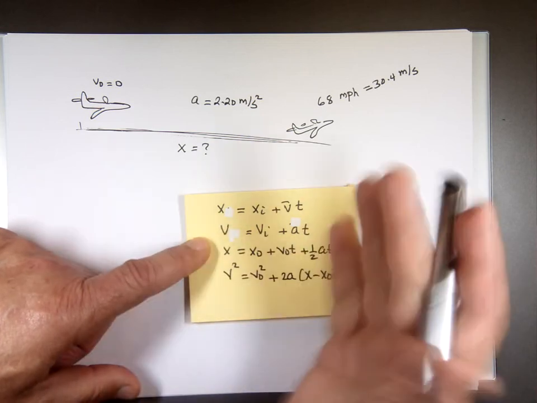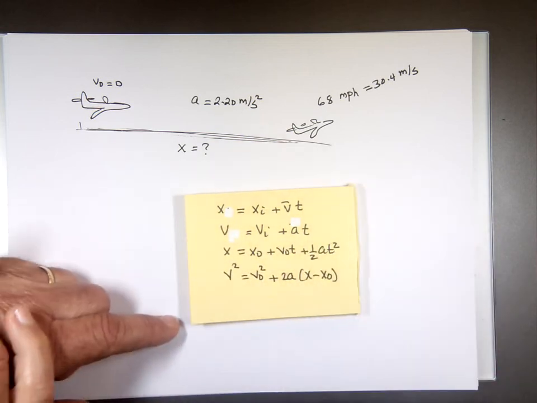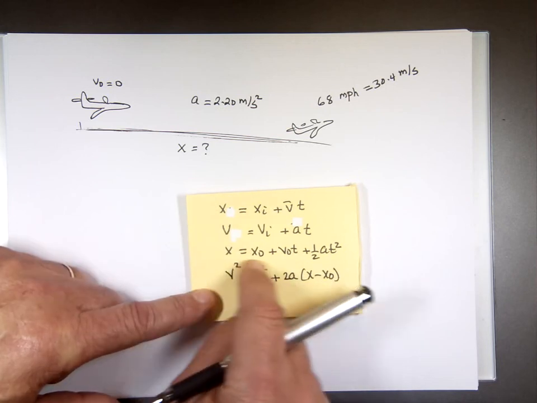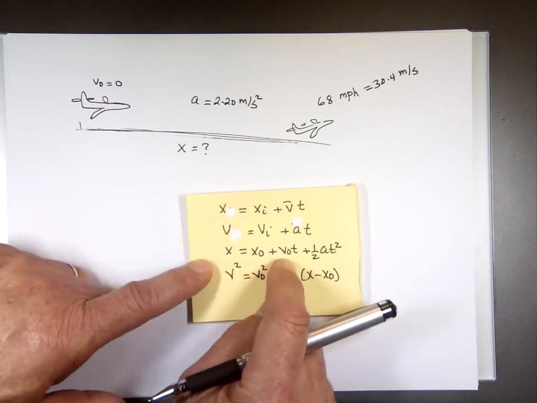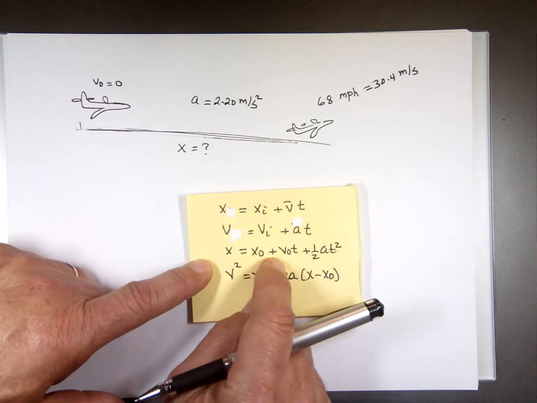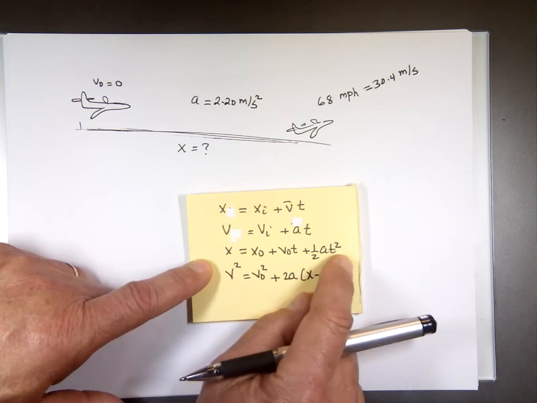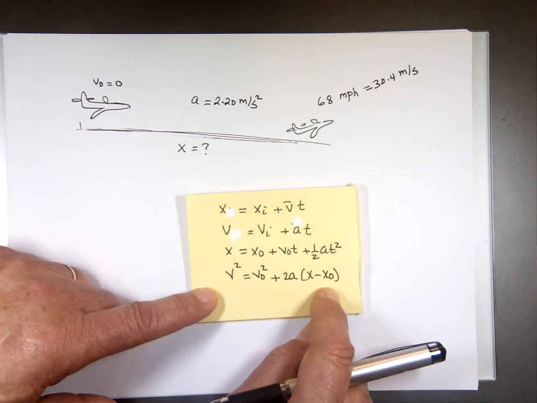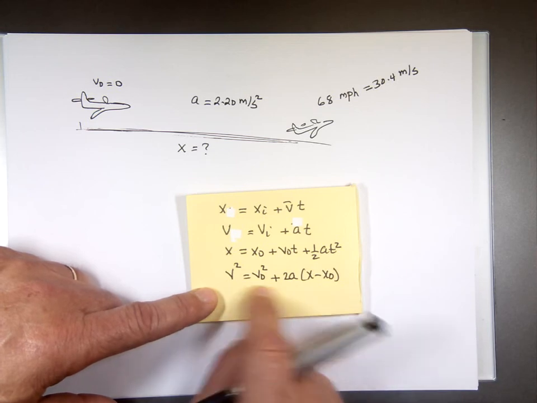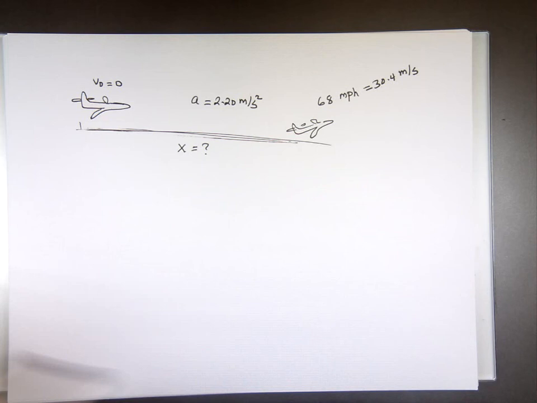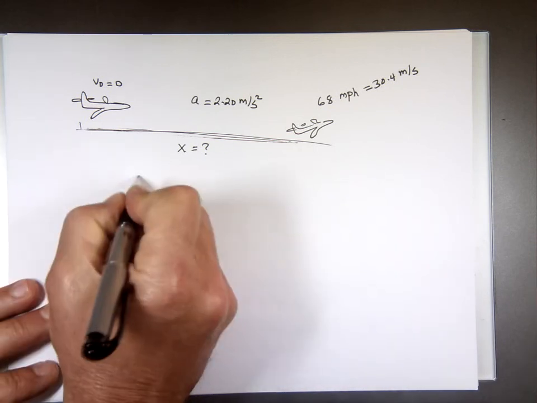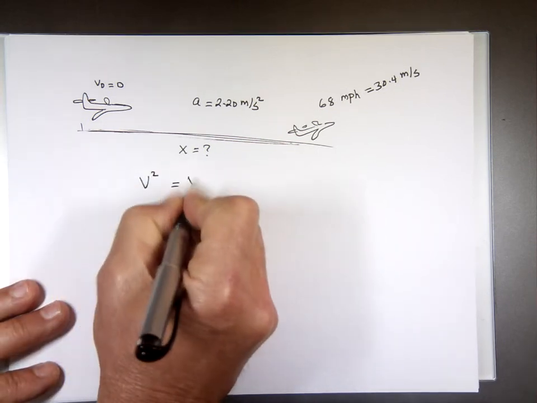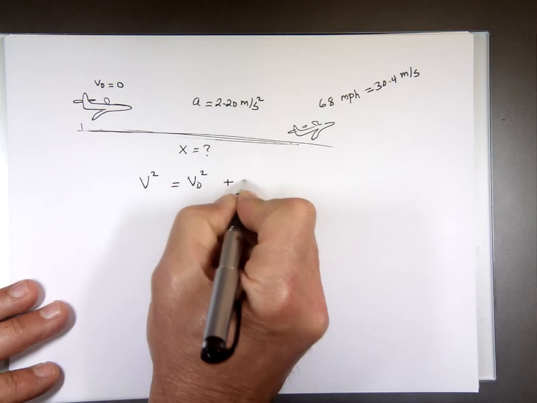And could it be this one? I can use this one. I don't know x. I don't know t. Maybe that's out. What about that one? Let's try number 4. V squared equals V0 squared plus 2a times (x minus x sub 0).